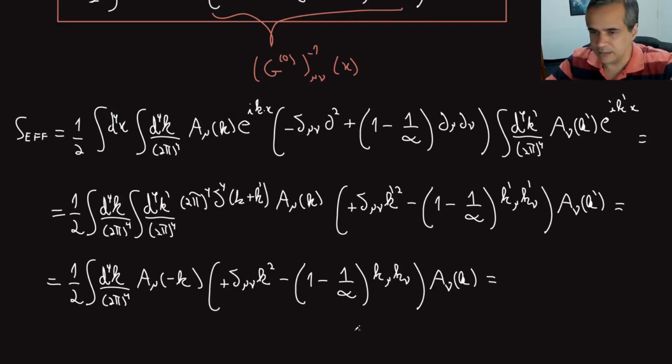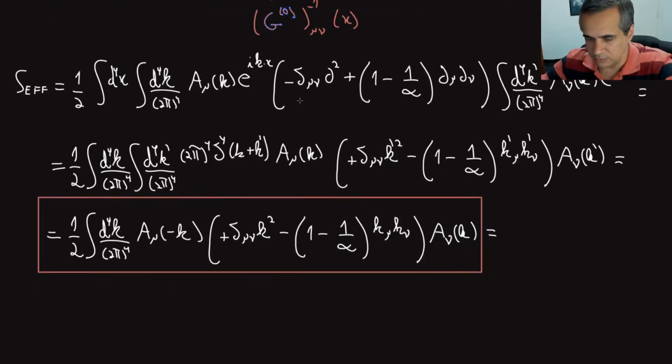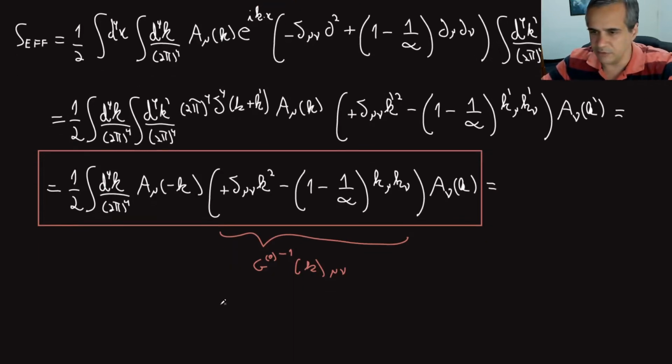And this is it, right? This is what I wanted. And this is now the propagator, the inverse of the propagator in momentum space, right? This is the inverse of the propagator in momentum, which is much easier to see what it should be, right?